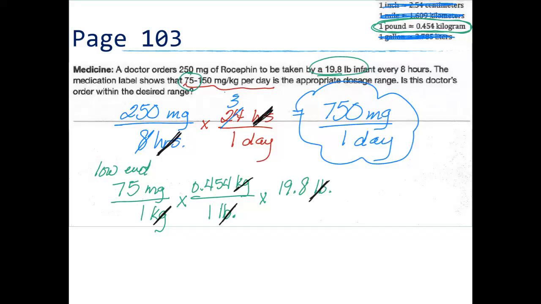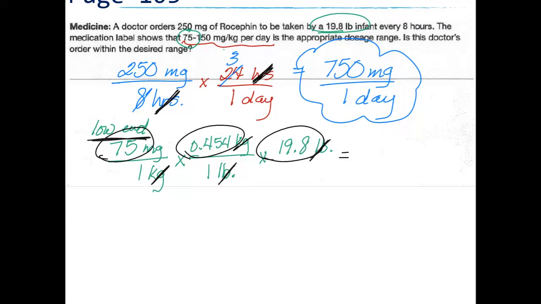So on your calculators, take 75 times 0.454 times 19.8. And this is the low end. And what do we get, Isaiah? And that is milligrams per day. Okay, milligrams per 1 day. I guess I could put it that way.